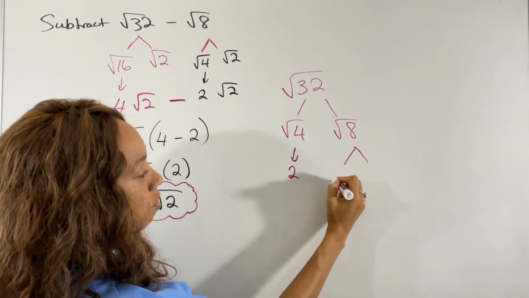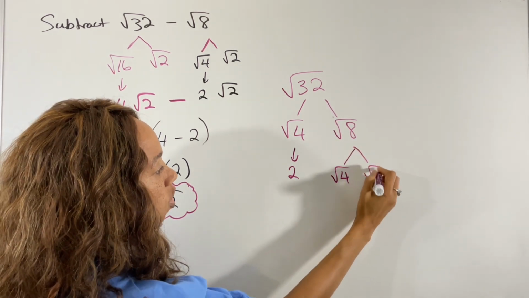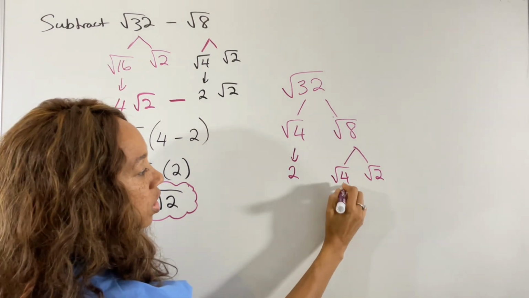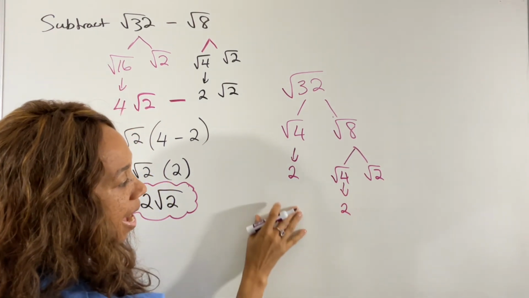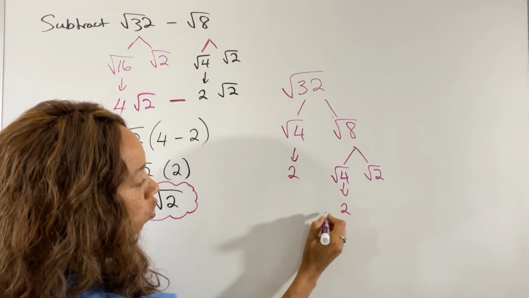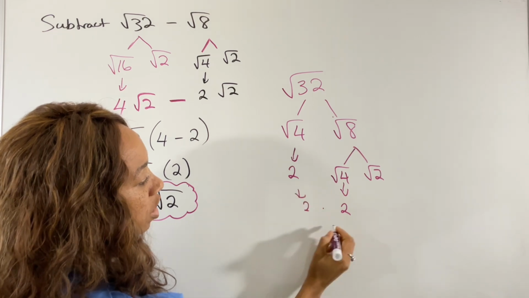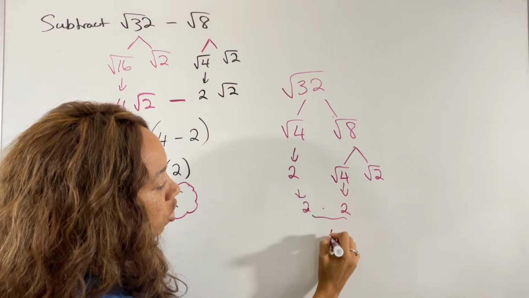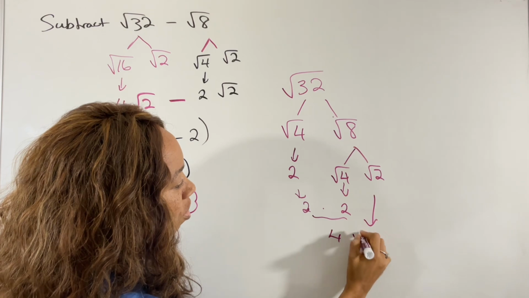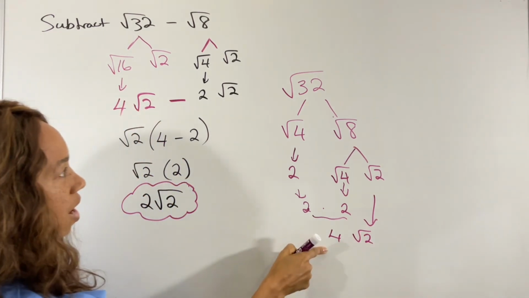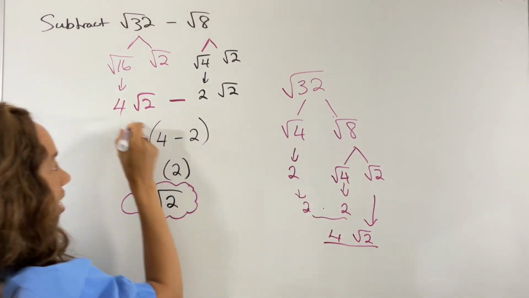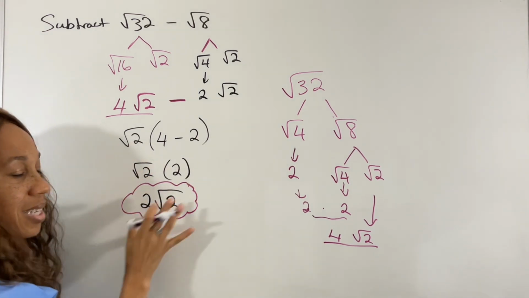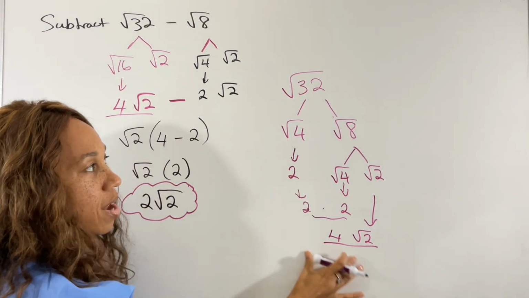Square root of 8 you have to break down to square root of 4 and also square root of 2. You notice here this will give you 2, and now what you have to do, you're going to bring this one down. So you will have 2 times 2, which is going to be 4, and you bring down your radical 2 right here. Same as this, just less steps over here as opposed to on this side.